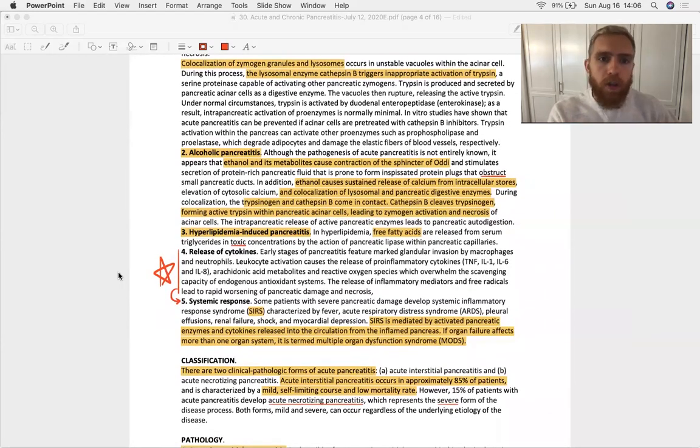Calcium is also going to cause lysosomes to destabilize and release their enzymes. And when that happens, this lysosomal enzyme cathepsin B will add to the process that's already ongoing by inappropriately activating trypsin early and intracellularly when it shouldn't be.